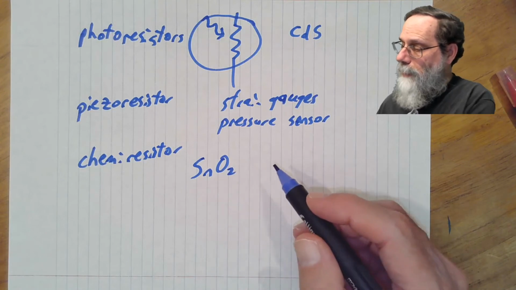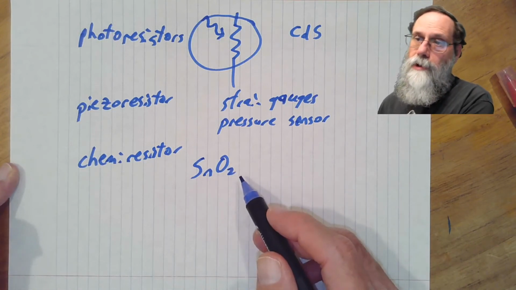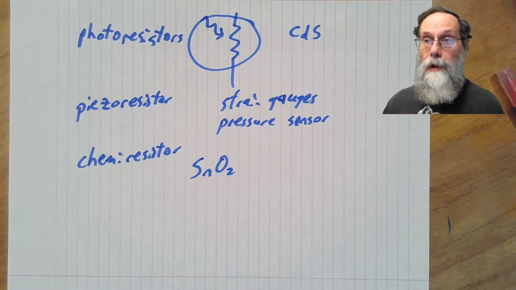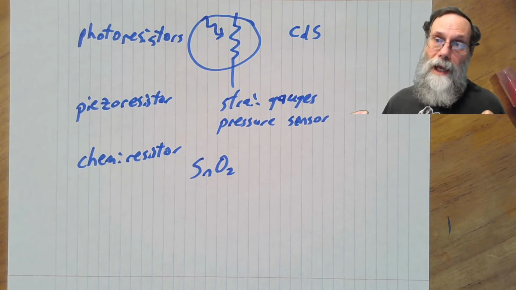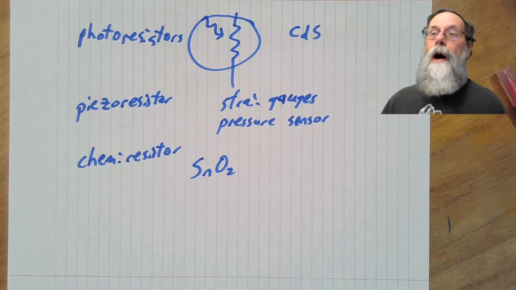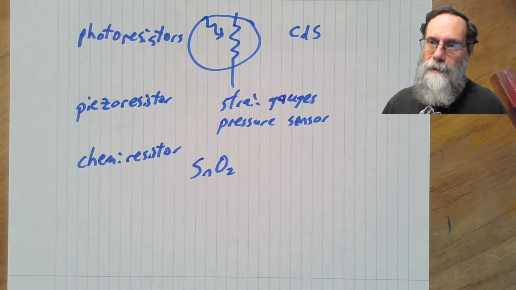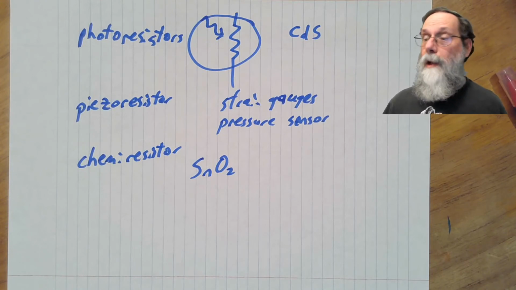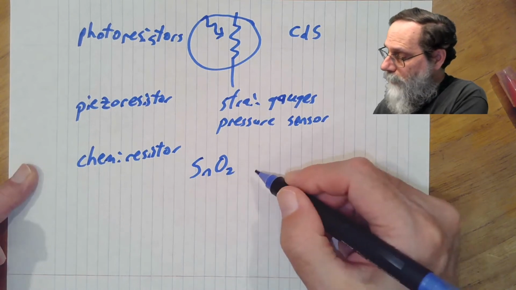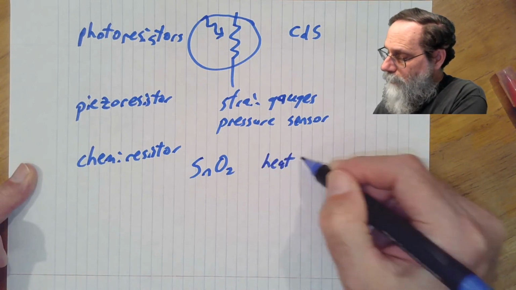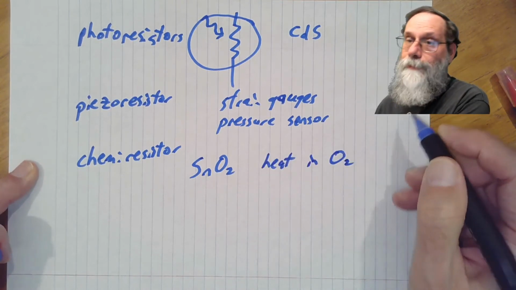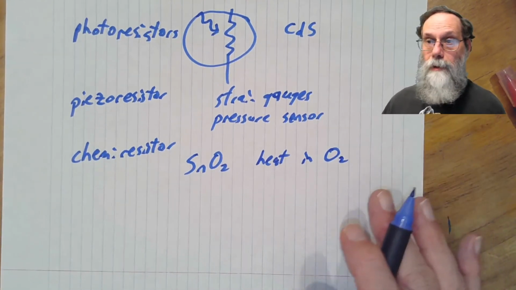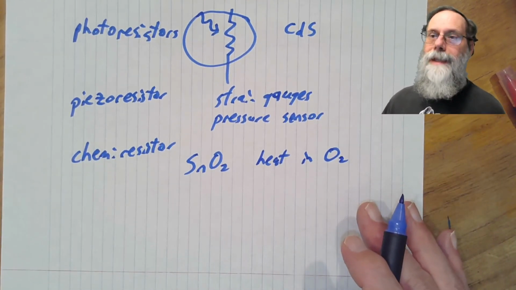In particular, the tin oxide sensors usually have a little heater. You heat them up in an atmosphere that contains oxygen, and that adsorbs some oxygen onto the surface of the sensor. That oxygen then ties up some of those free electrons and increases the resistance. So once you heat it in the presence of oxygen, that gives you a high baseline resistance.